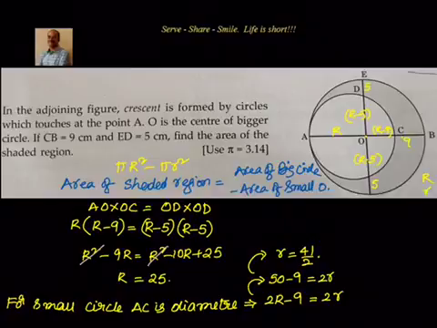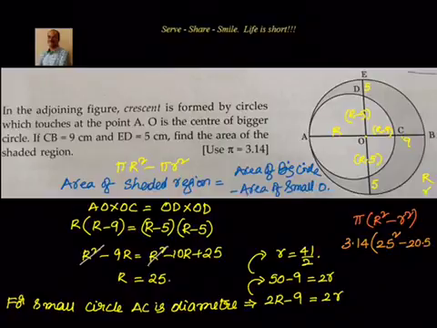So once we know capital R and small r, it becomes very easy to find out the area of the shaded region. For that we will write down area equal to pi R square minus pi small r square. Pi we know is equal to 3.14, multiplied with R square, that is 25 square, minus small r, which is 20.5, whole square.